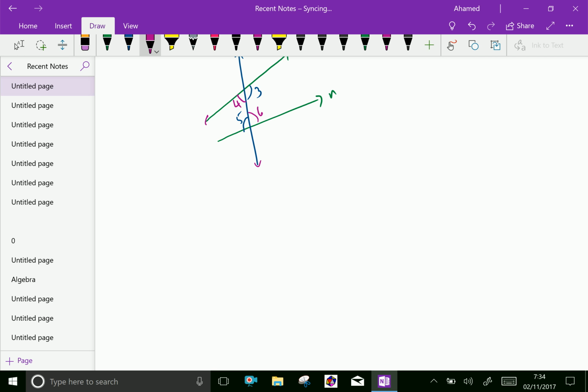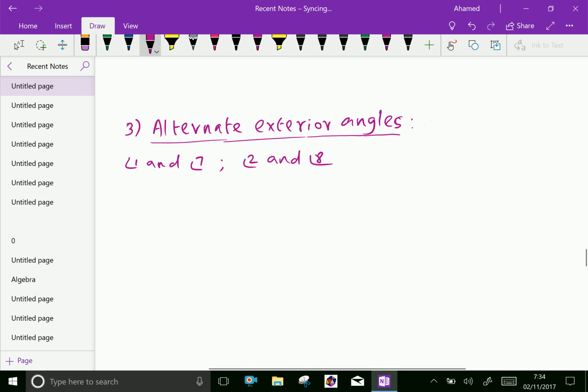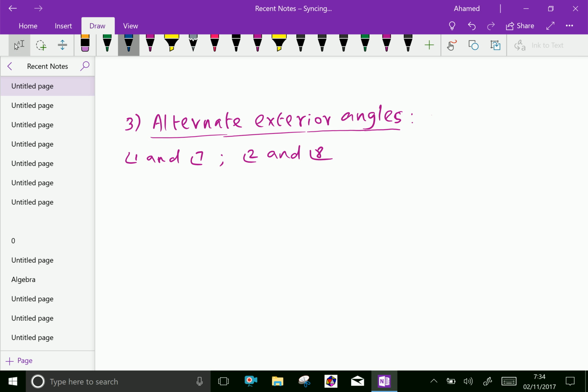Now we will do alternate exterior angles. Here two lines are there, M and N, and a transversal L. Take angle 1 and angle 7 as alternate exterior angles.